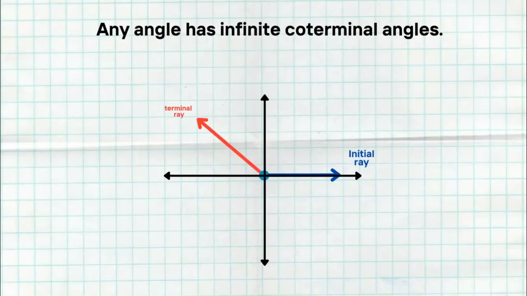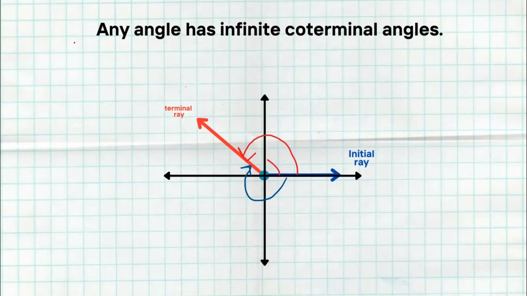Now, here's another thing I would add on top of that: any angle actually has infinite coterminal angles. So let's talk about this. Here is an angle that ends in quadrant 2. We have a positive angle that gets to it, and then we also have a negative angle that goes like this. You see those two angles, but there's actually more angles. I can make another positive angle.